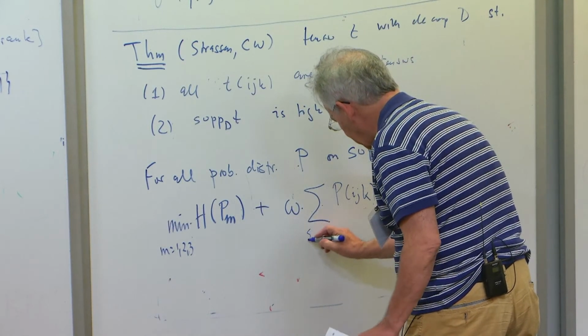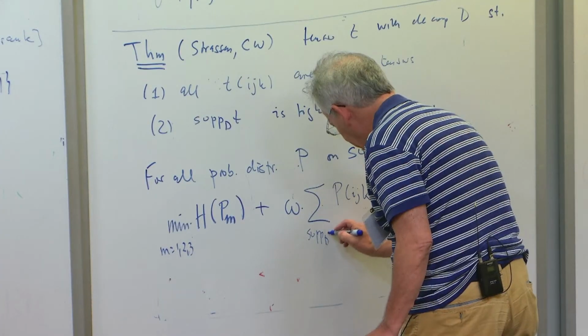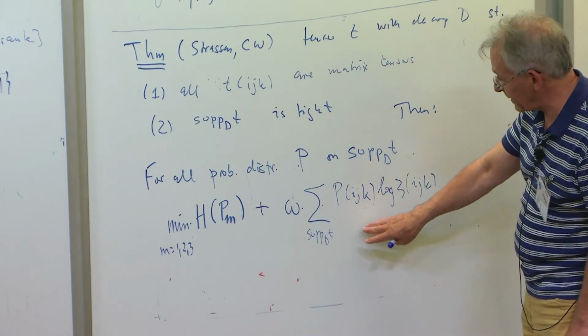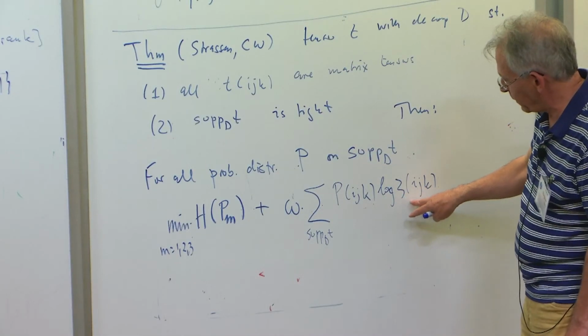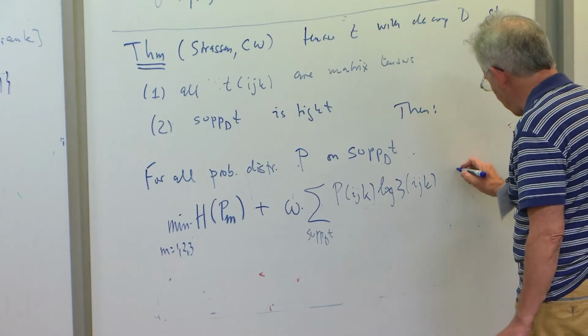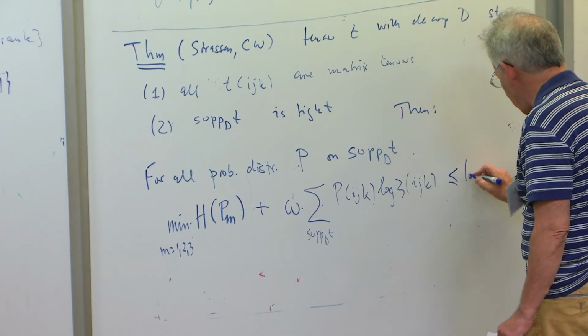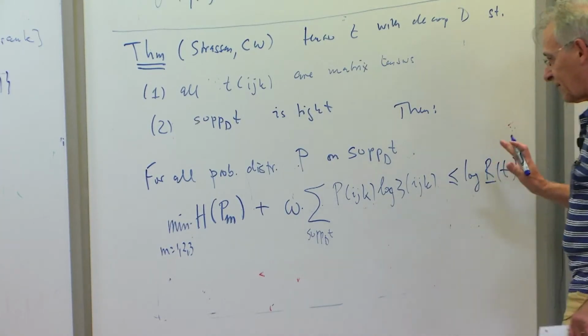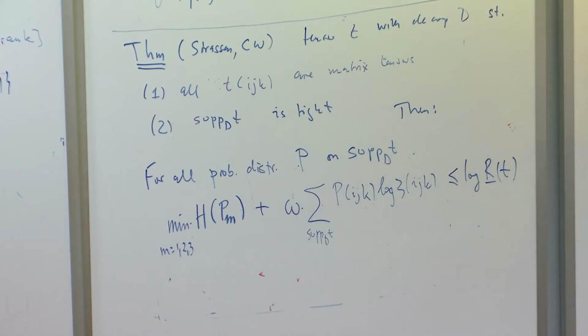So there is a strange function log zeta, and this is the expectation of this function with respect to the probability distribution P. And this is supposed to be less than the logarithm of the border rank of T. This is the inequality.